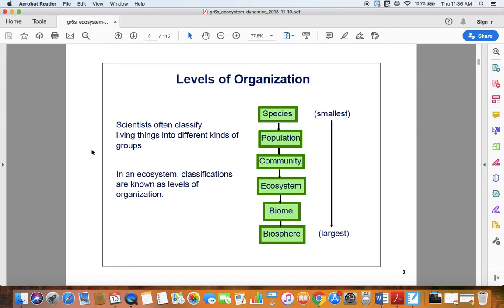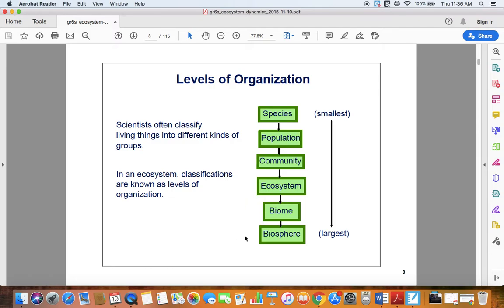But to make it more organized, scientists have to group things from specific to more general areas. So we classify living things into different kinds of groups, and you can see these groups on the side highlighted in green. We have species, population, community, ecosystem, biomes, and biosphere.